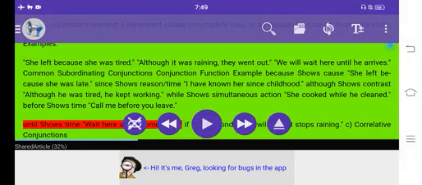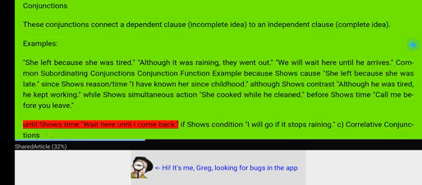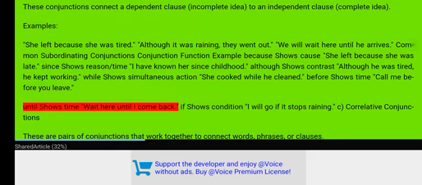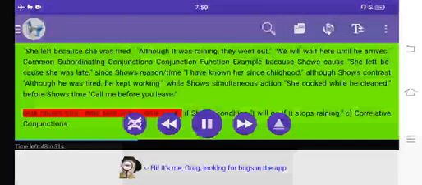Until shows time: wait here until I come back. If shows condition: I will go if it stops raining.